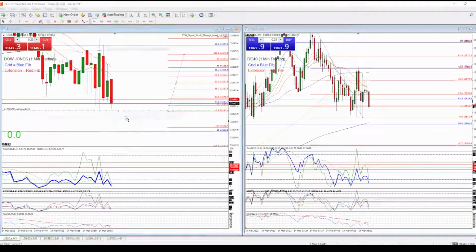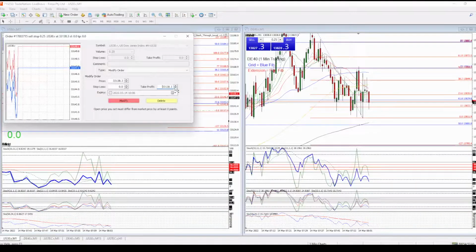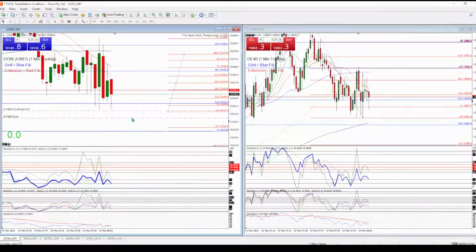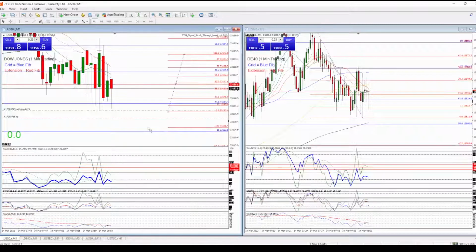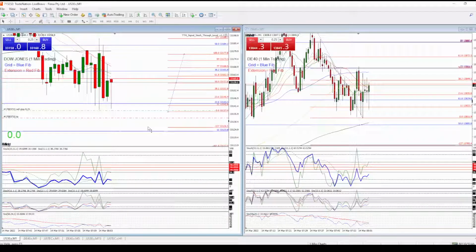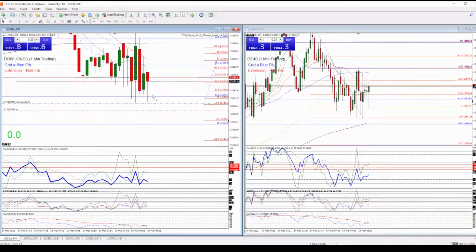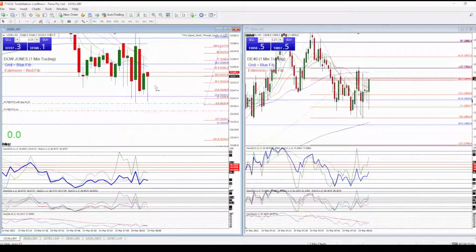So sell stop does qualify, for 5 points. As I said, resistance still 50 moving average on 5 minutes.